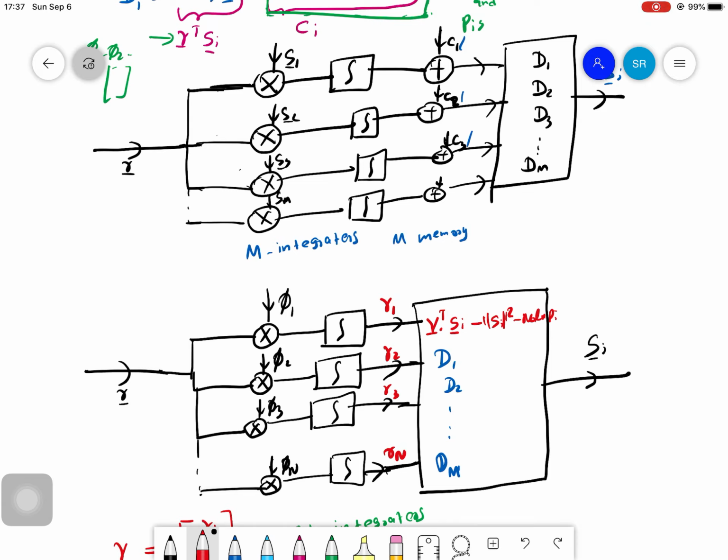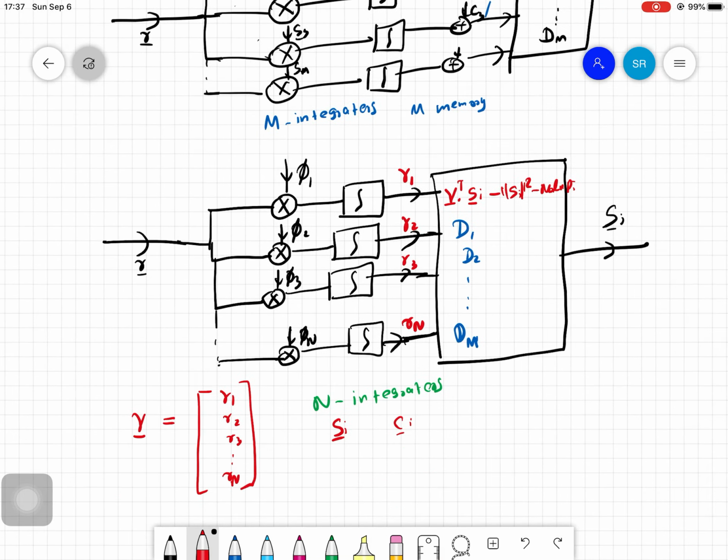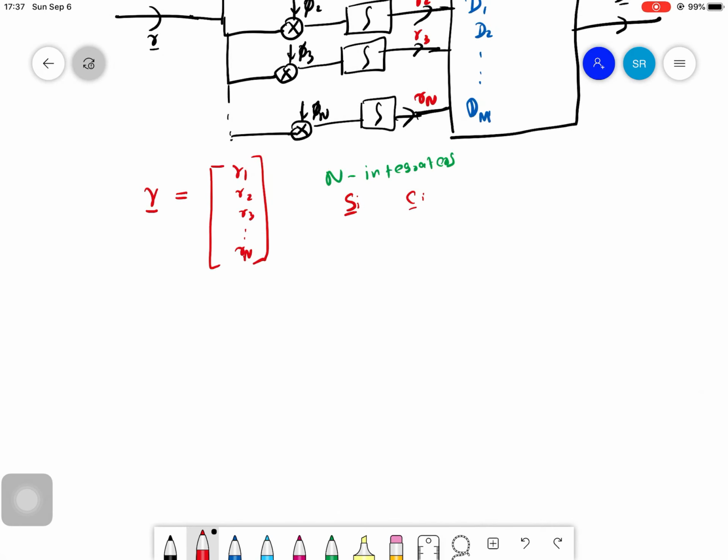the third approach is pretty much different from this. We are using integrators here, and implementing an integrator is pretty costly, although it is space efficient because it uses capacitors. So we're going to deal with this differently.